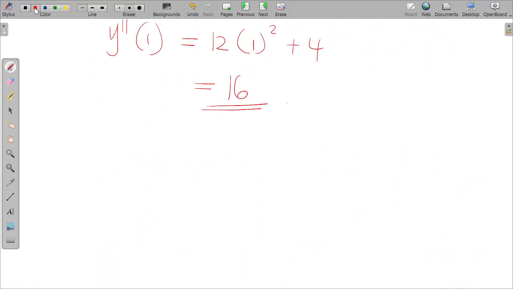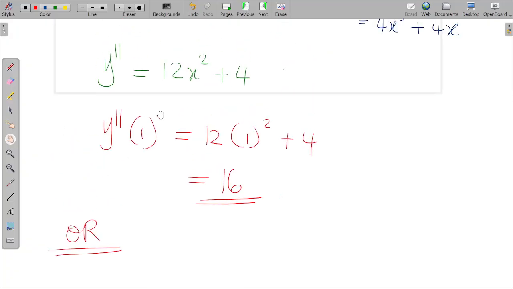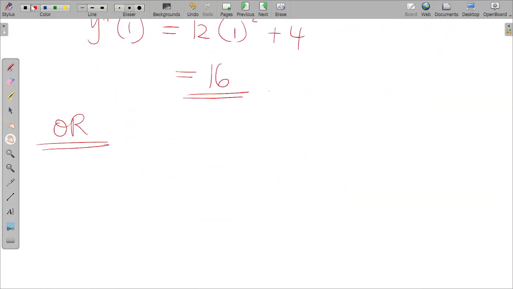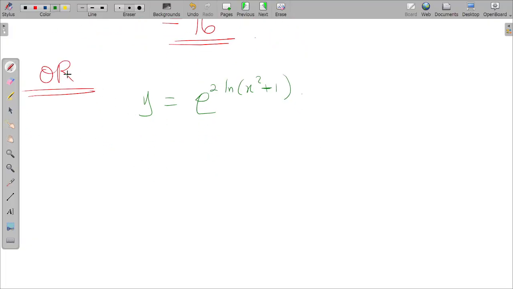So we have y equals e to the 2 ln(x squared plus 1). How do we derive this, in case you don't recognize it? So y prime becomes what? Write this the way it is.